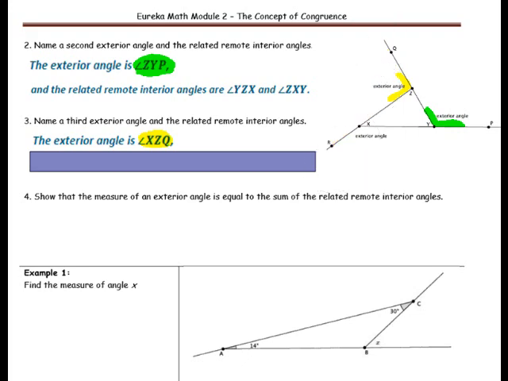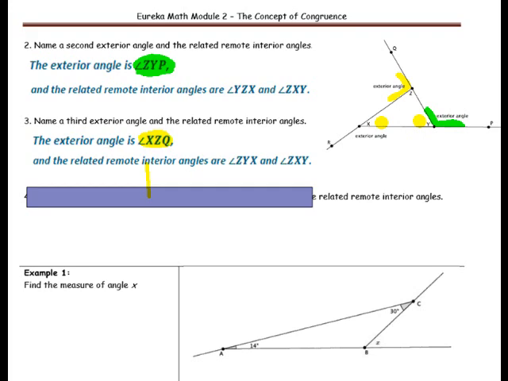Then the two related remote interiors would be not Z, but X and Y. And then the correct way to write those are ZYX. Let's go over that one more time. ZYX. And then the other one is ZXY. So those are the remote interiors.